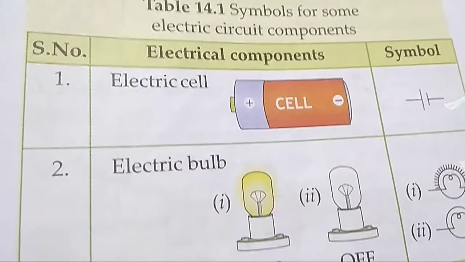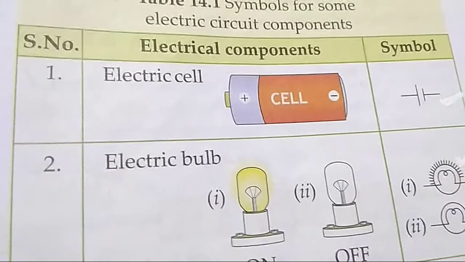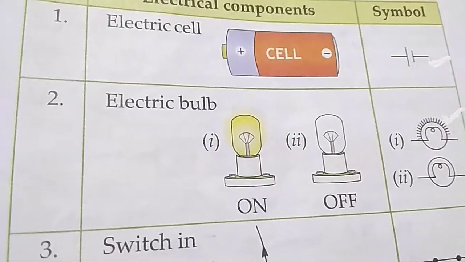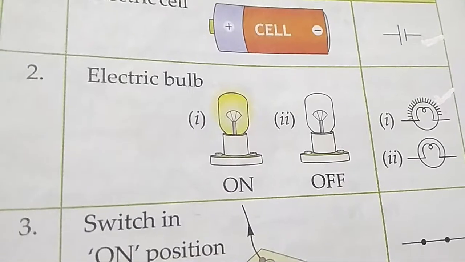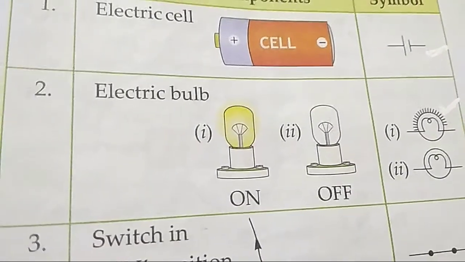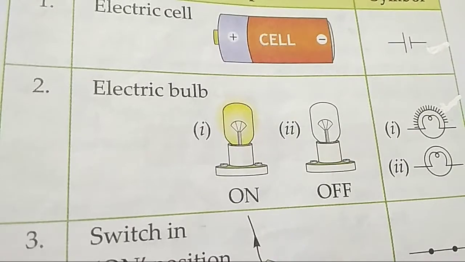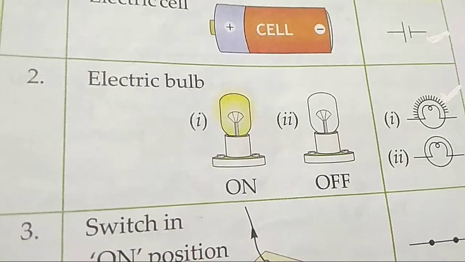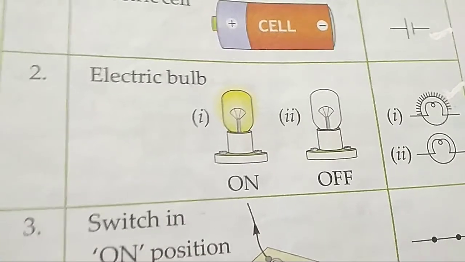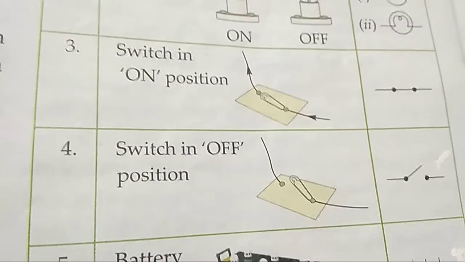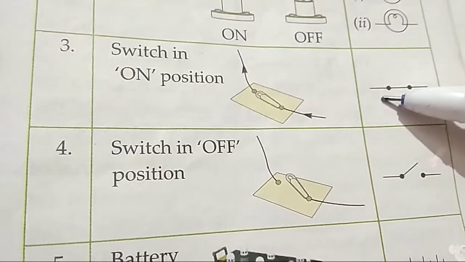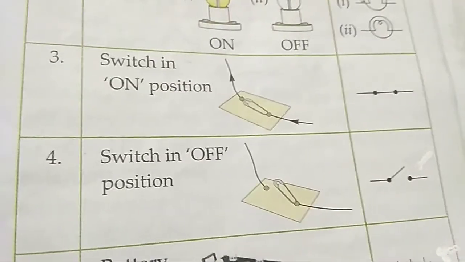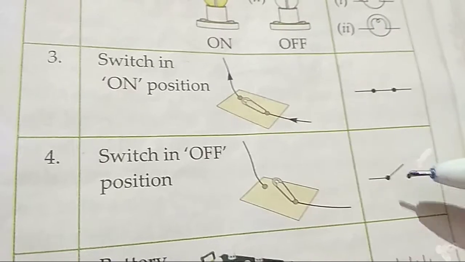Here you can see, this is an electric cell and we show this cell by this symbol. Next is electric bulb. Here you can see these are the symbols. First is for switch on position, means bulb is glowing, and second is switch off position, means bulb is not glowing and current is not flowing. Here you can see, the switch is in on position and here it is in off position because they are not touching each other.